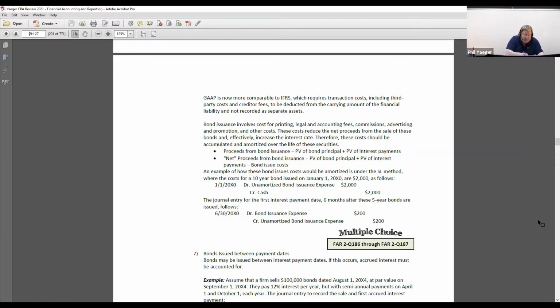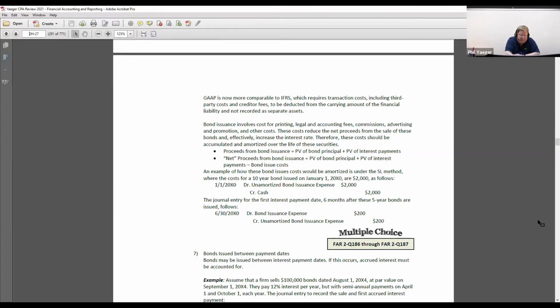Now, it just so happens here that these bond issue costs were amortized under the straight line method, and the costs are $2,000, at January 1st, 20x0. That is the date of the bond contract. The bond contract is dated.